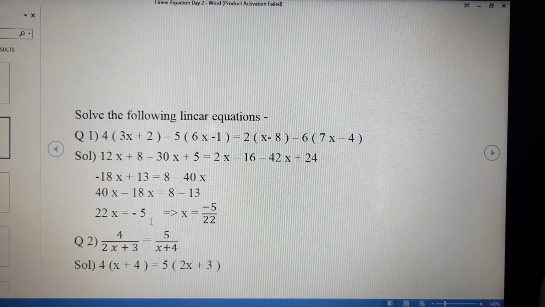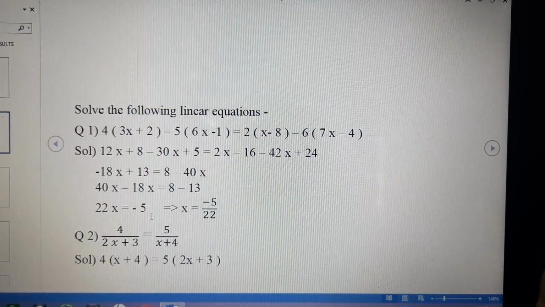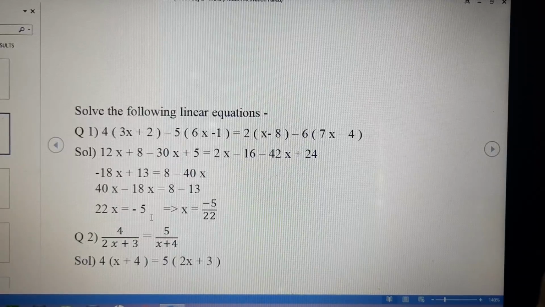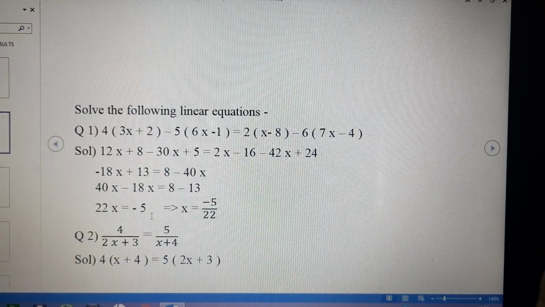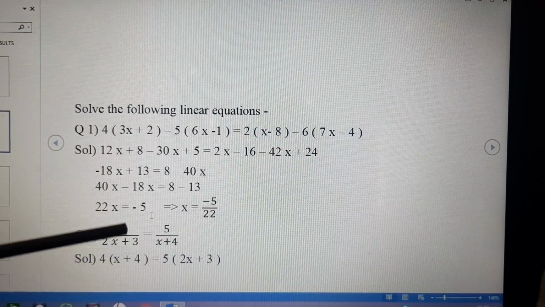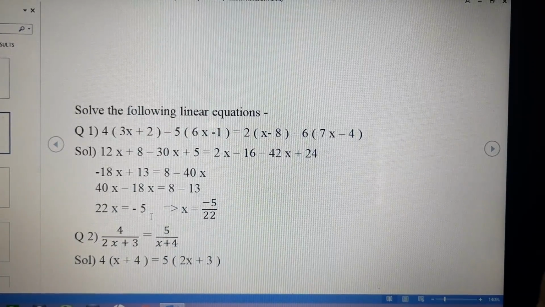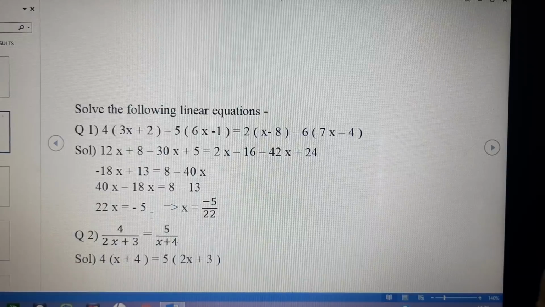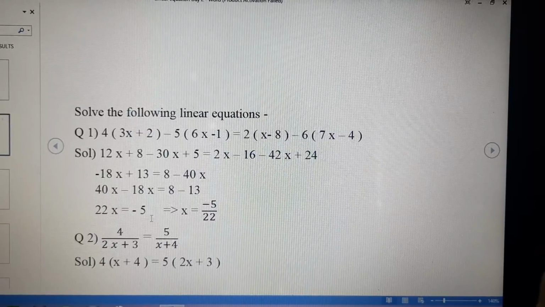Question number 2. It's given that 4 upon 2x plus 3 is equal to 5 upon x plus 4. We have been given fractions, but we need not take the LCM. Why? Because we have been given a single fraction in LHS and a single fraction in RHS. If we had one or two more fractions on this side, then we should take the LCM.